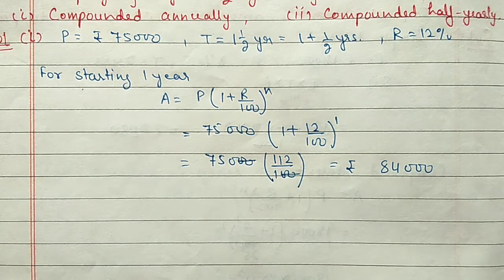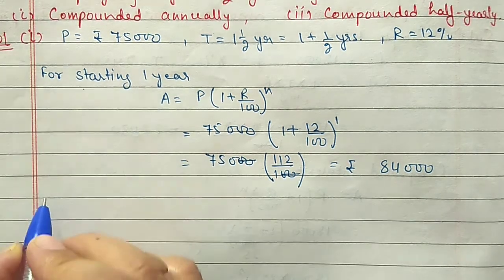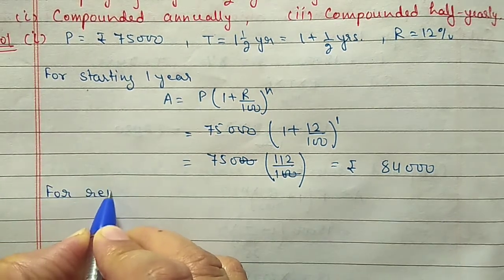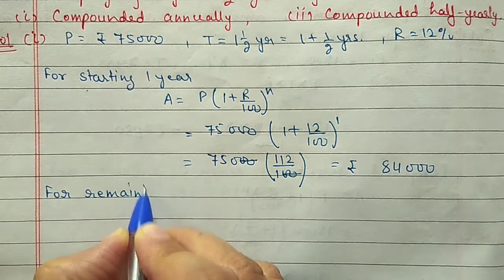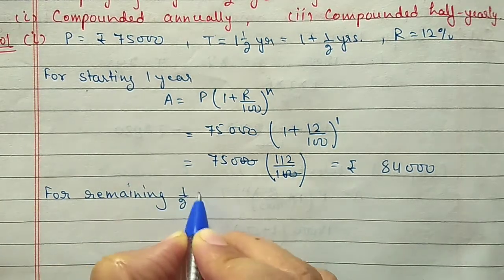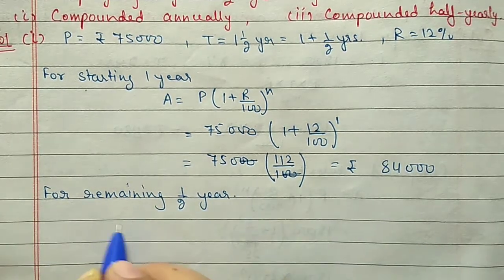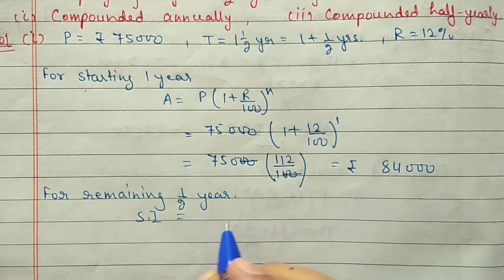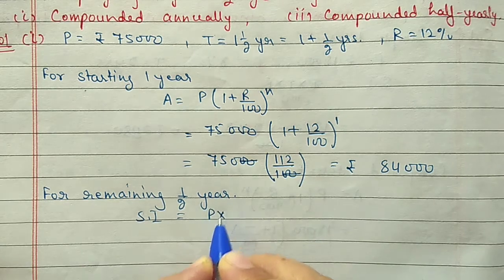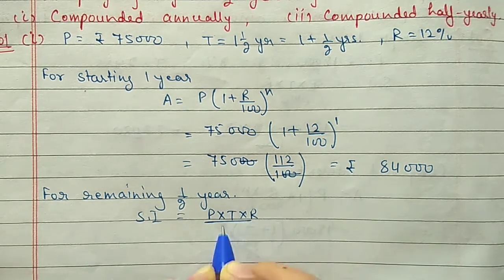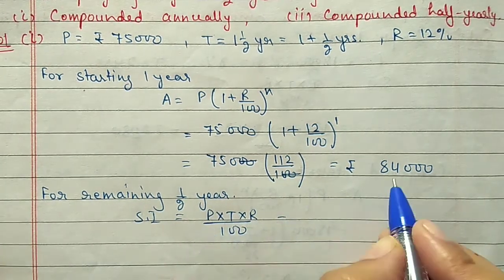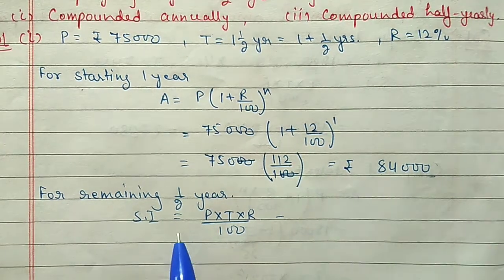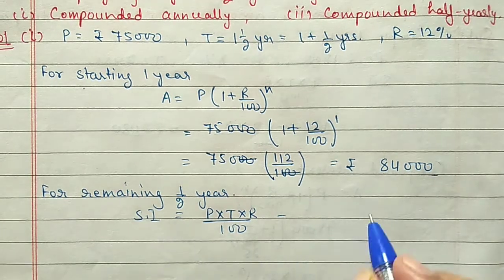Now we will do the calculation for the remaining half year. We can find out the simple interest with the simple interest formula, P into T into R by 100. So principal money we will take whatever is the amount at the end of 1 year, that will become the principal for the remaining half year.